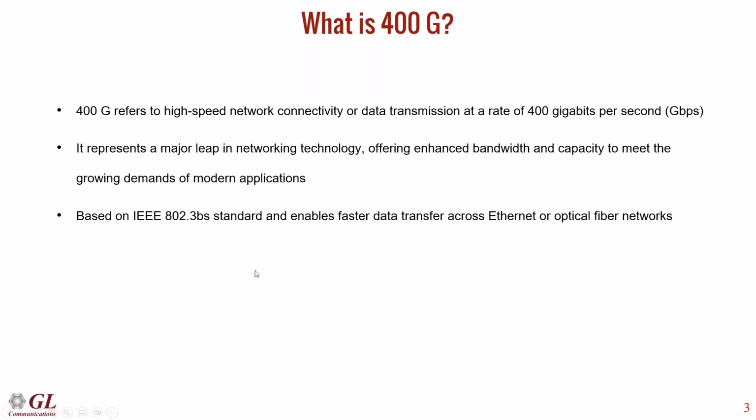400 gig is an actual Ethernet standard, based on the IEEE 802.3 standard. It talks about how the data is transmitted and what the protocol looks like.